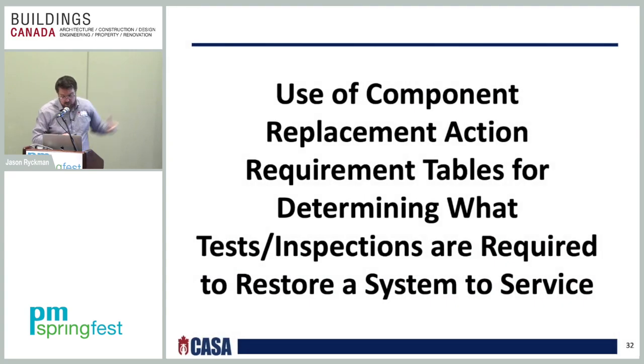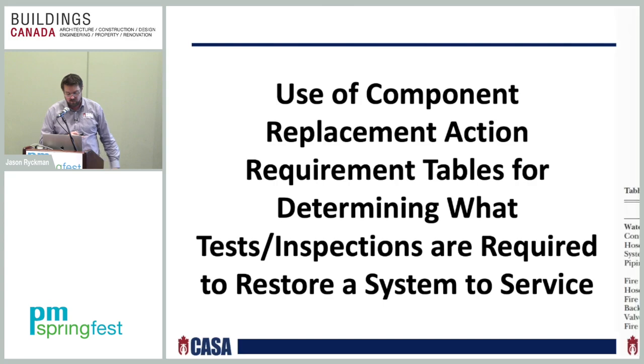Also, another table to be active in understanding is the use of component replacement action tables to determine what test inspections are required to restore the system back to service. So you have your system down for some reason. Well, now there's a procedure in place that you have to follow in regards to what actions need to be taken care of.